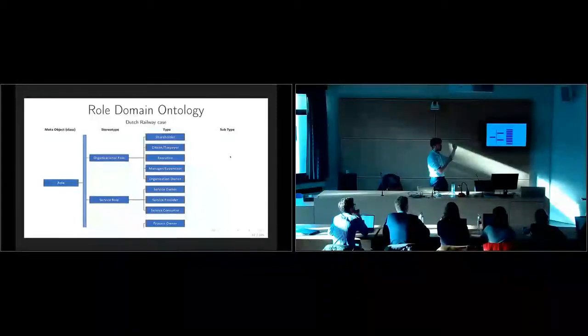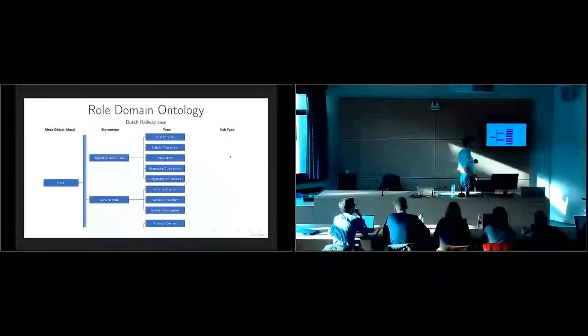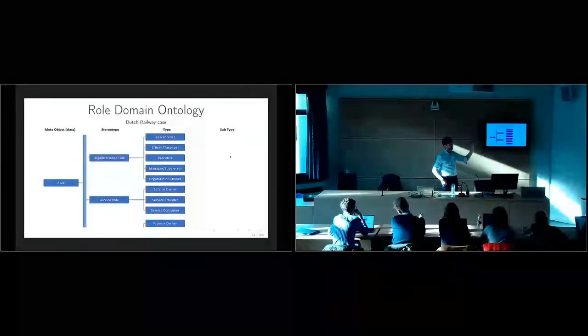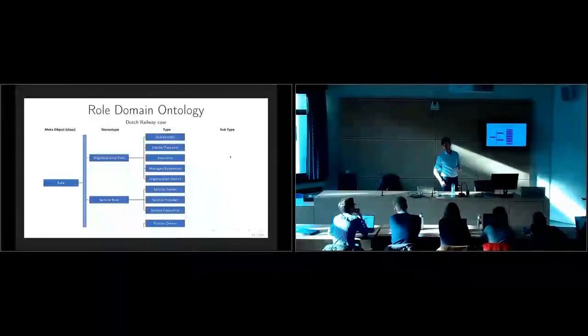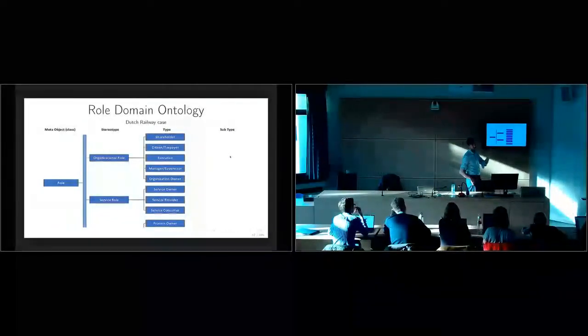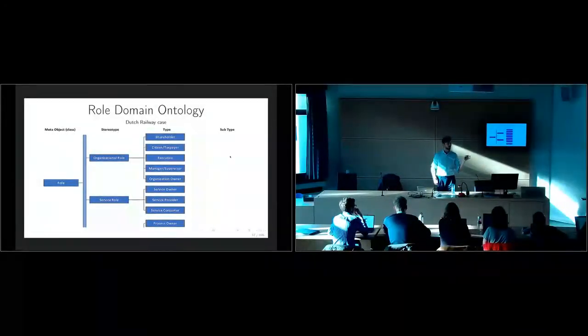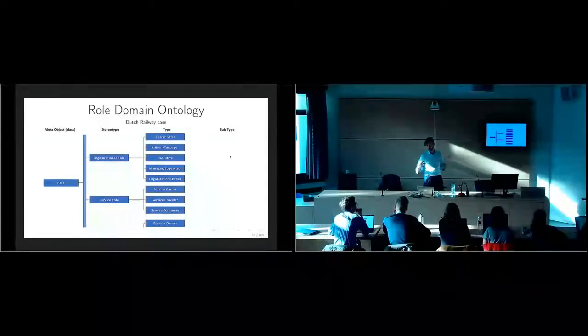That is how we try to establish coherence between the levels. So when it applies to role, it applies to all roles we have identified. When it applies to an organizational role, it applies to all of its subtypes. When it applies to executives, it only applies to executives and their subroles.